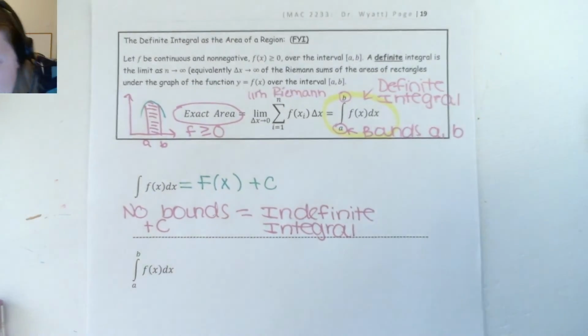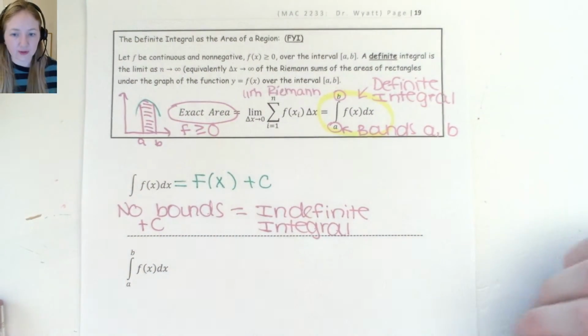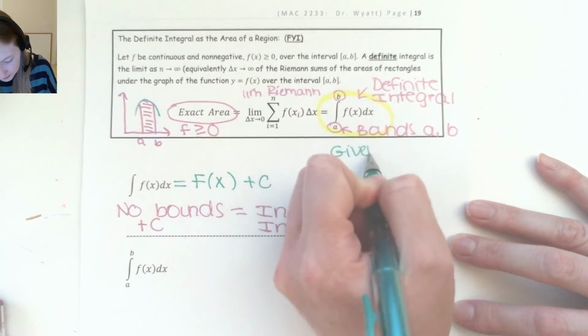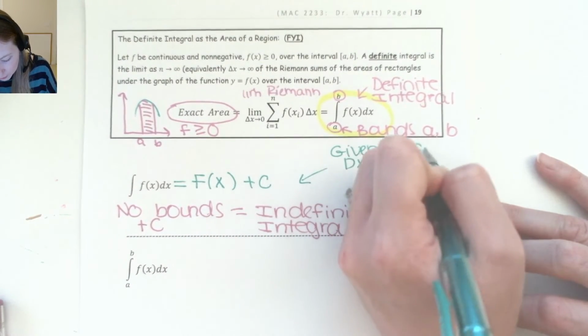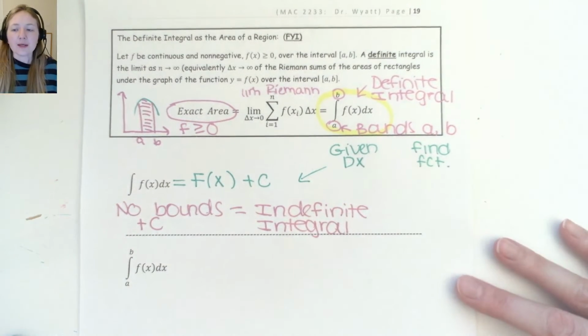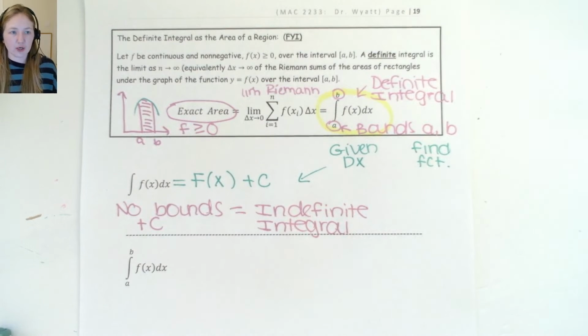The practical use of this indefinite integral is if you're given a derivative and you want to find the original function. That was in the last section, where you would integrate to go back and find the function.